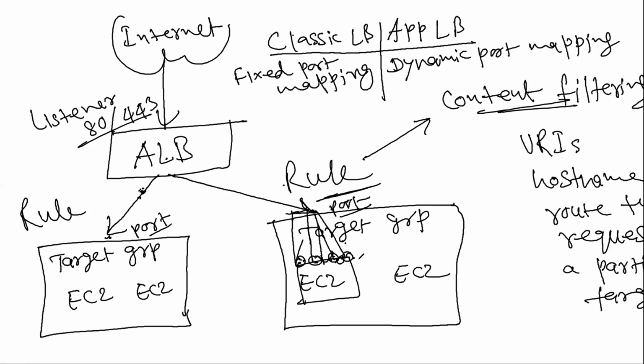Yeah. Now what is the benefit? Tell me the benefit, anybody? As compared to classic LB, they created another concept called application load balancer, right? There must be some benefit.